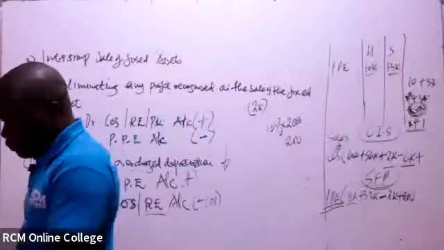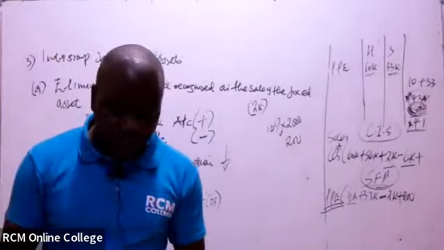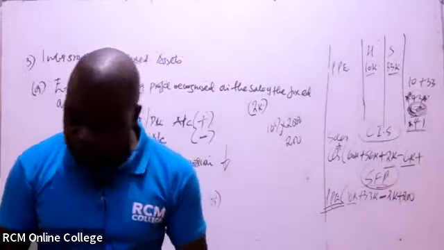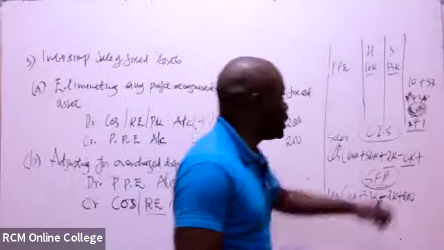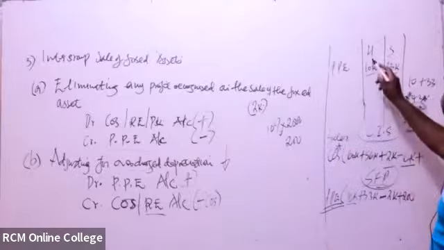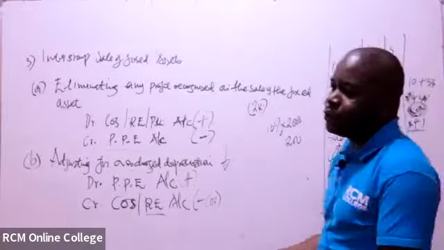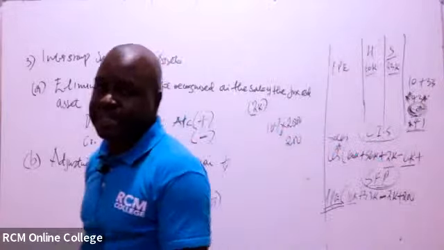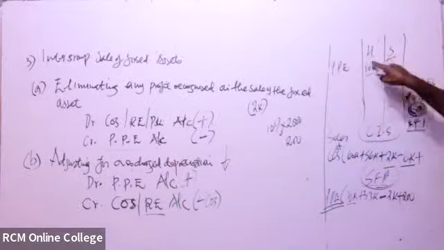So then number four, dividend from the subsidiary. Let's assume this is the holding company that has acquired the subsidiary, it means this holding company is a shareholder here. If you're a shareholder in a company, what do you expect? You expect to get dividends. So this particular subsidiary will likely be paying dividends to this one.